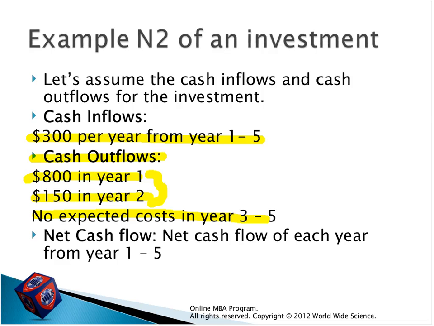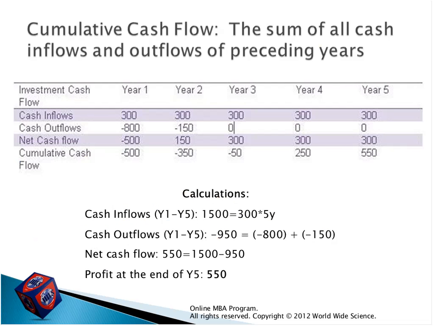And the net cash flow of each year from year 1 to 5. Let's see the table of the cash flows investment. Here is the cumulative cash flow, the sum of all cash inflows and outflows of the project. As I told you, the cash inflows, the profits we receive during the 5 years, are 300 for each year.